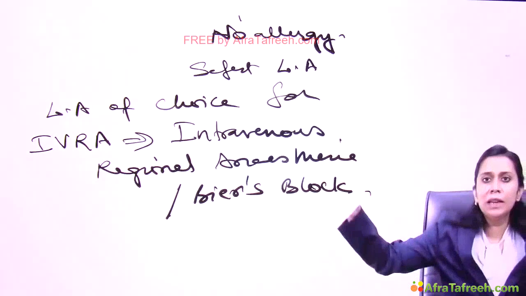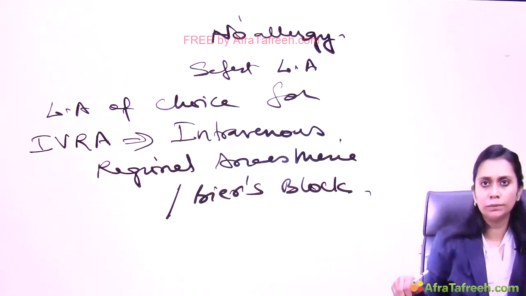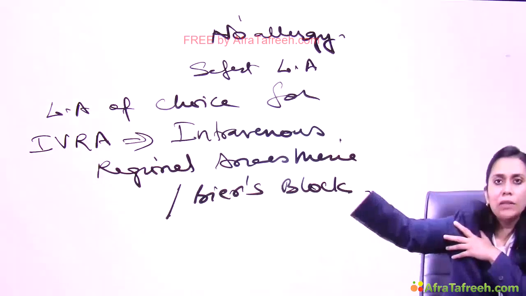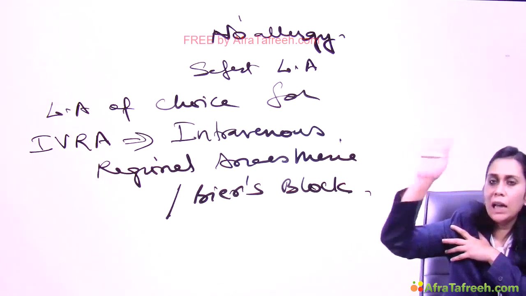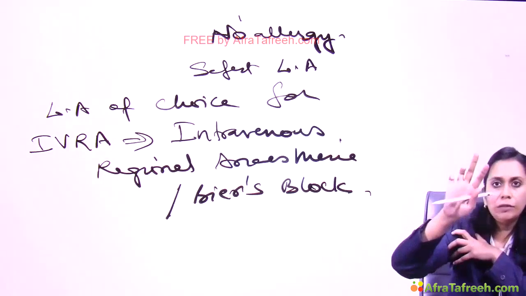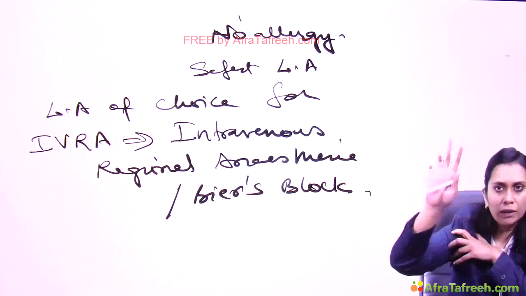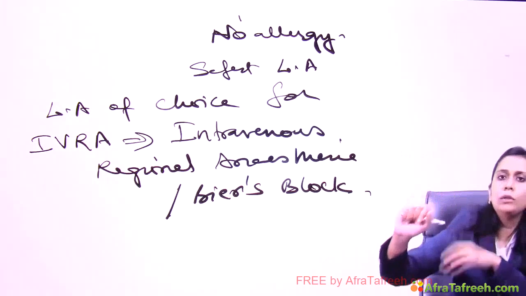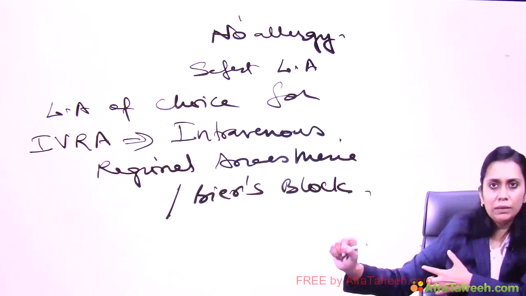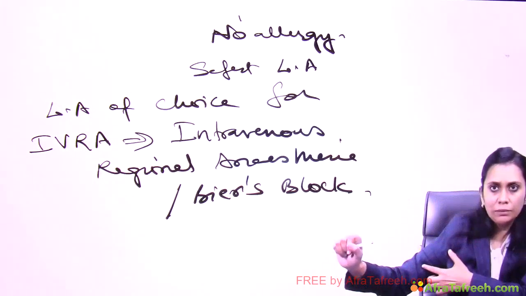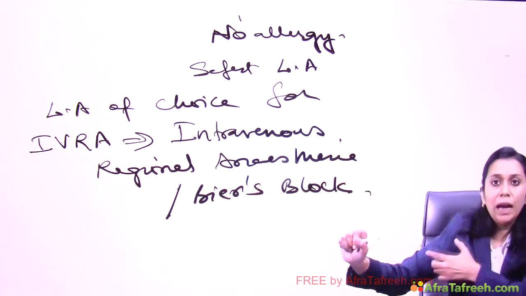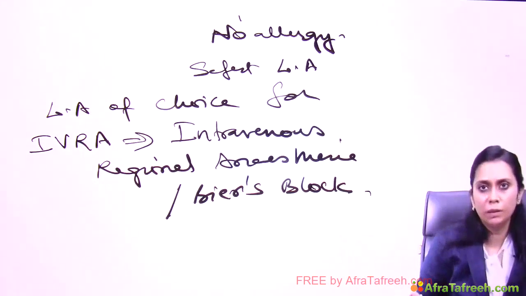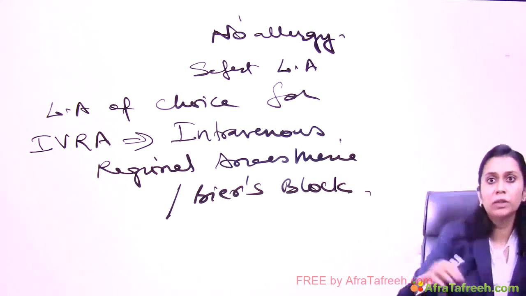Well, it is given in the extremities, either upper or lower. Let us say I have to give IVRA of my right upper limb. I have a patient with a right trigger finger, and I have to give right upper limb IVRA and get the tendon released. So what do I do? I tie a tourniquet on this upper limb, inflate the tourniquet to double the blood pressure of the patient, and cut this limb off from the rest of the circulation.